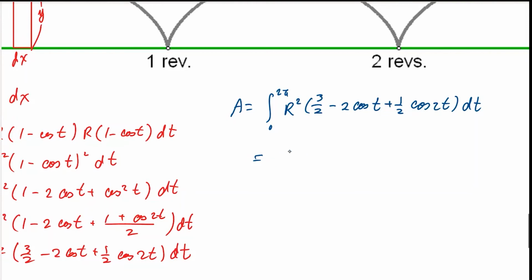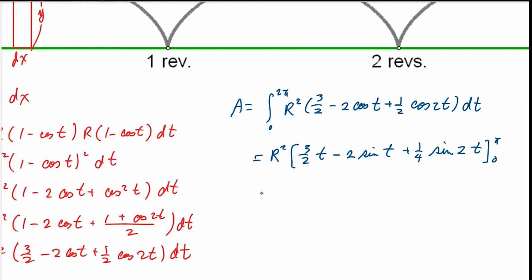Actually, I'll evaluate it and explain. So this becomes r squared times 3 over 2 t, and minus 2, oh yeah, not negative, positive sine t, or negative in this case. And then this thingy becomes sine 2t here, therefore we put 1/4, correct?